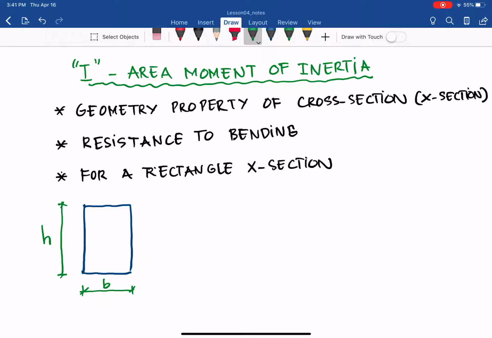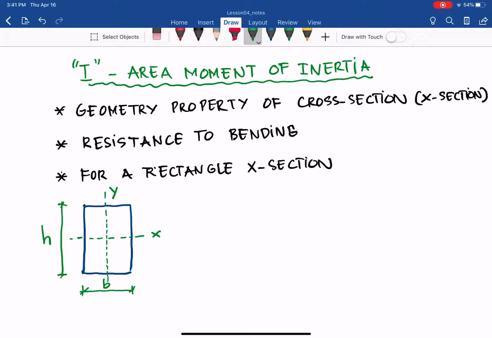We have the horizontal axis, x-x, and then we have the vertical axis, of course, y.